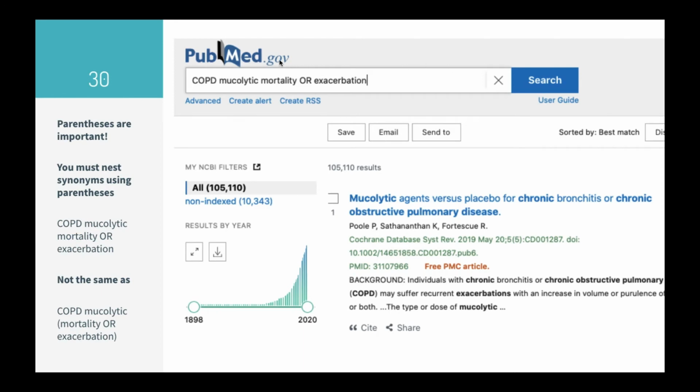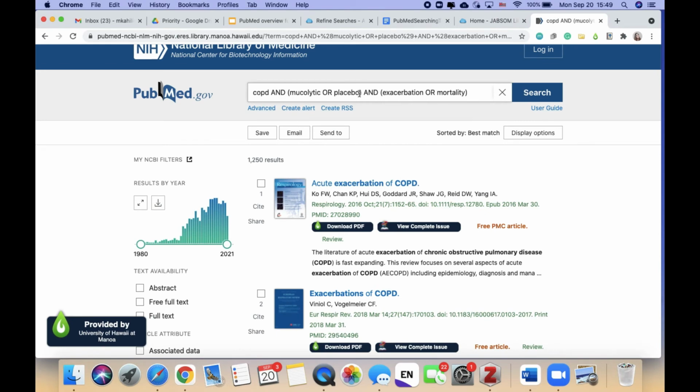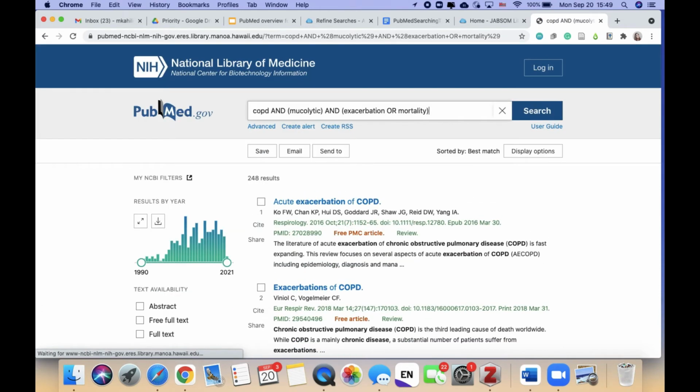If I took off my parentheses, in this example COPD, mucolytic, mortality, or exacerbation, I have 105,000 results. The original search was about 200 results, and with the parentheses around mortality or exacerbation, it should be somewhere closer to, we'll use the exact same example that was in my slide, 248.